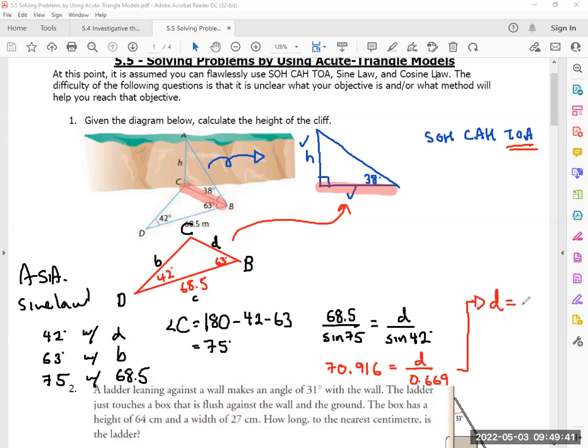That means 70.916, I want to multiply both sides by 0.669, and I get 47.443, which means my right angle triangle has 47.443. Now we can do TOA, we can do tangent.